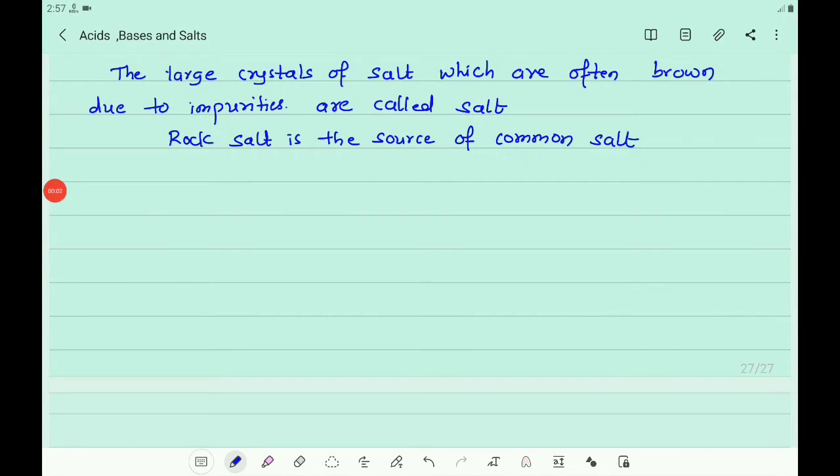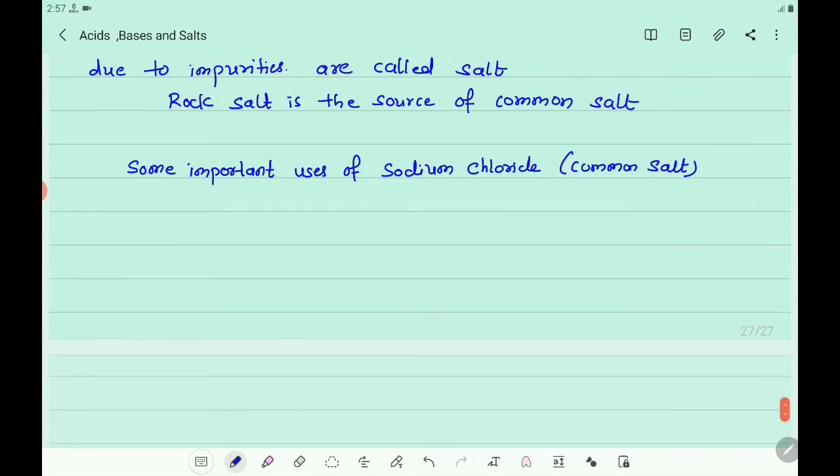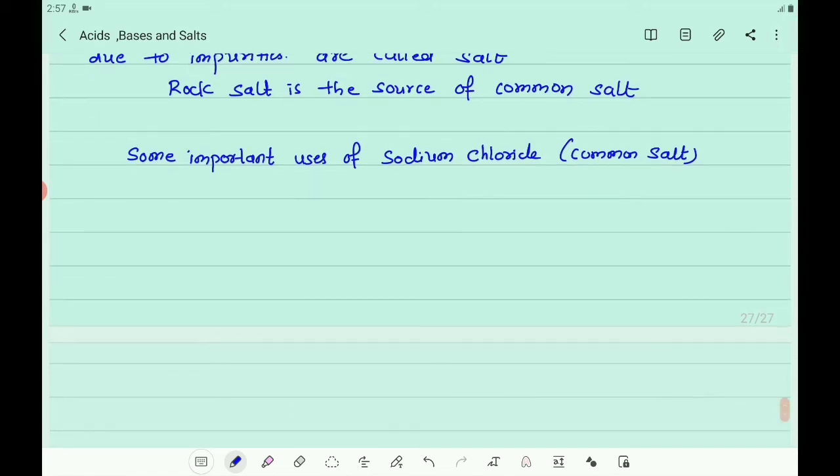Now let us write some important uses of common salt, that is, important uses of sodium chloride. So it is an essential constituent of our daily life and is used for making food items.